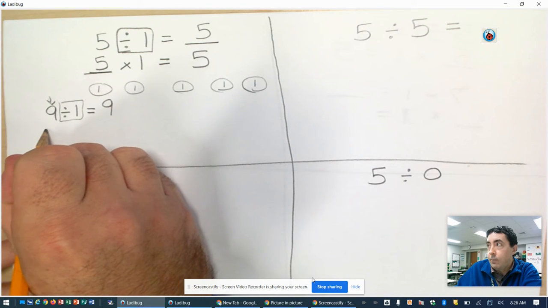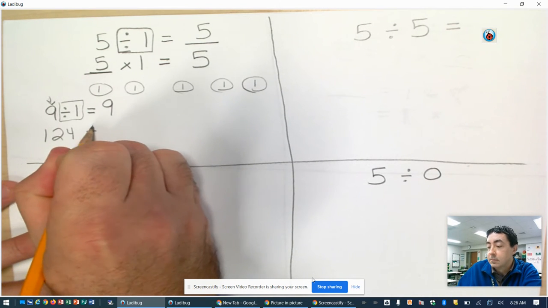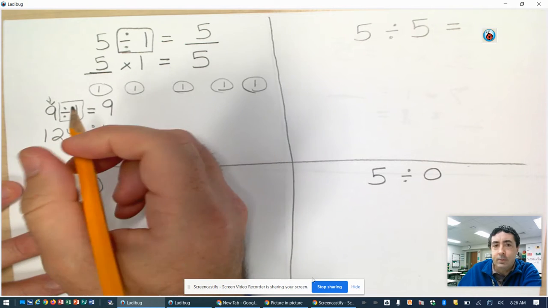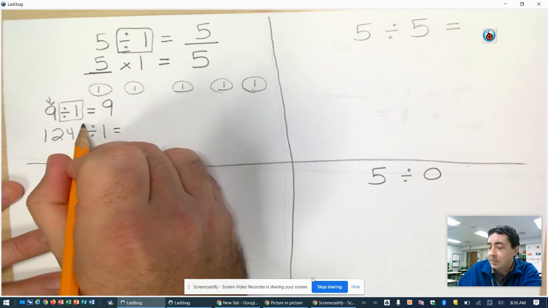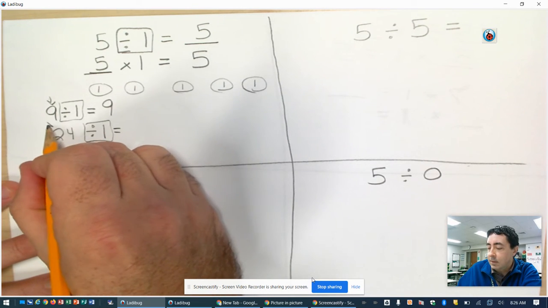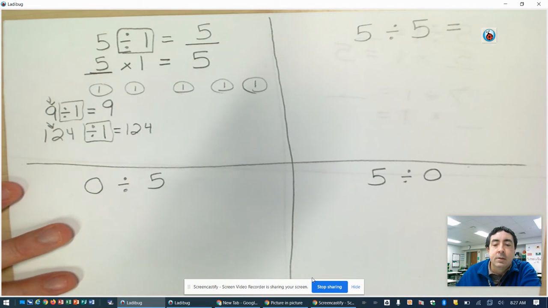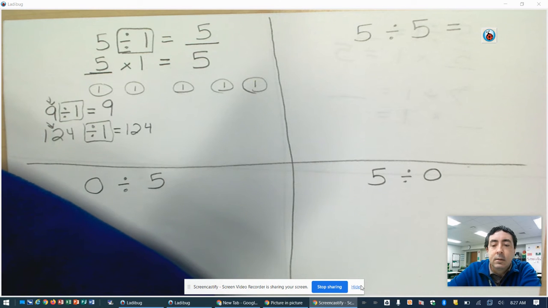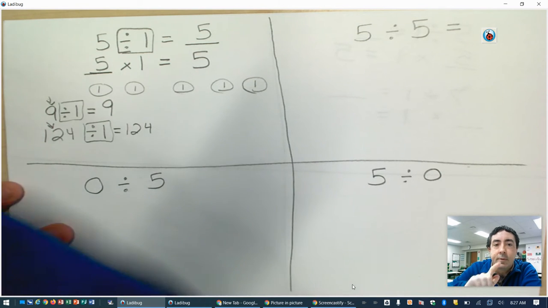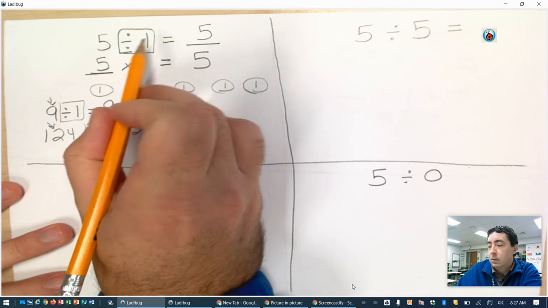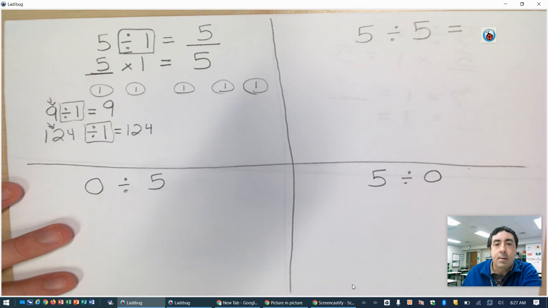If I have 124 divided by 1, don't get scared of the big number, guys. I'm still just dividing by 1. And so I end up with 124. So that is our basic rule. Any number divided by 1 is equal to that number.